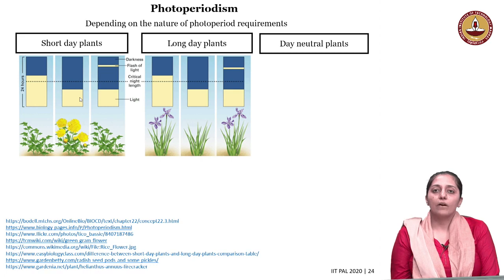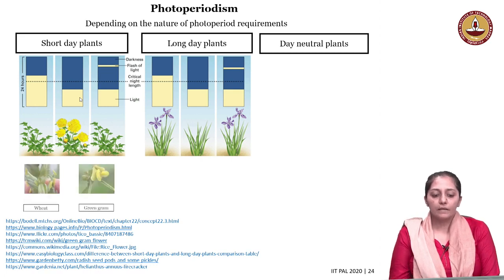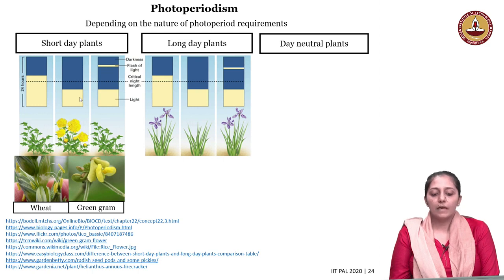As you can make out from the term itself, in short day plants, for example wheat and green gram, flowering might be promoted when the light duration is less. However, if the light duration is increased, or there are flashes of light during the night, the dark duration, then too you will observe that the development is affected in terms of flowering.